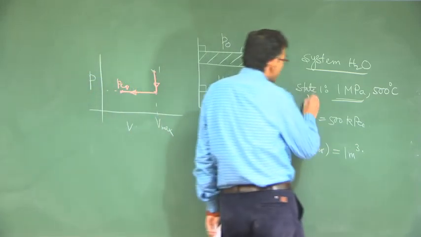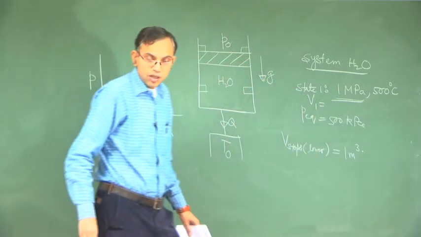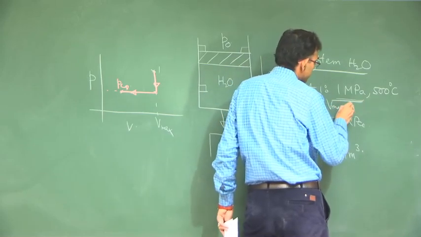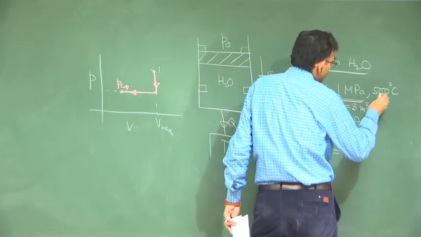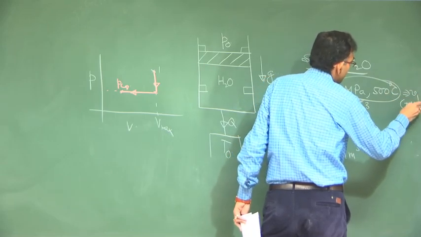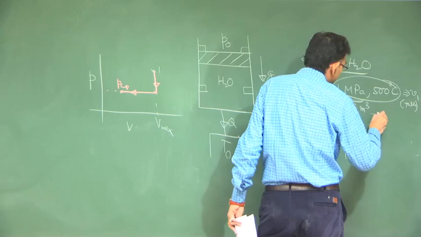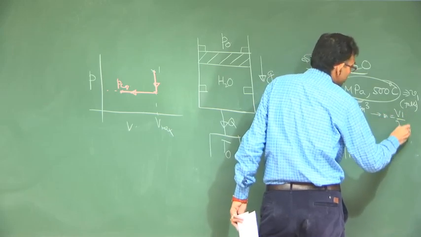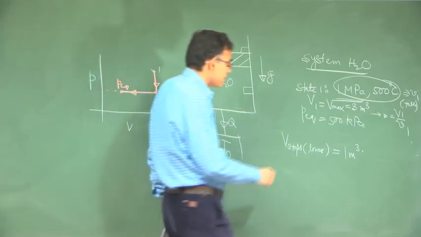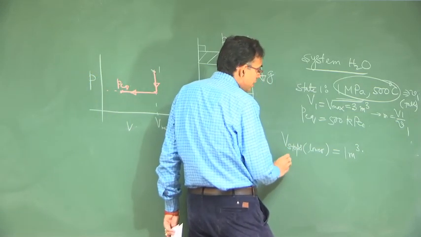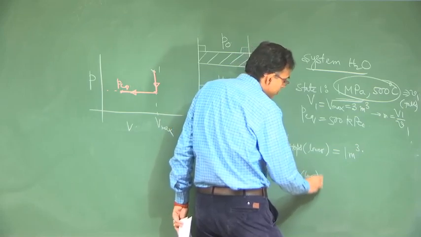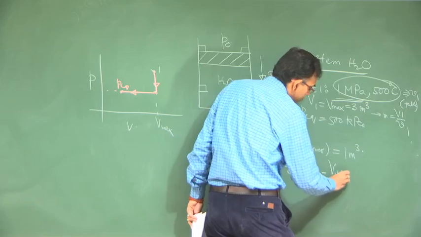So, state 1 also has V1. So, V1 is Vmax, which is 3 meter cube. So, you can find out the specific volume of this from the table. So, the mass, which does not change during this process, is V1 by specific volume at state 1. So, V stops you know. So, what is specific volume at stops lower? It is equal to V stops by m.